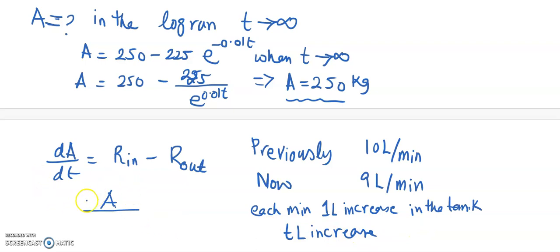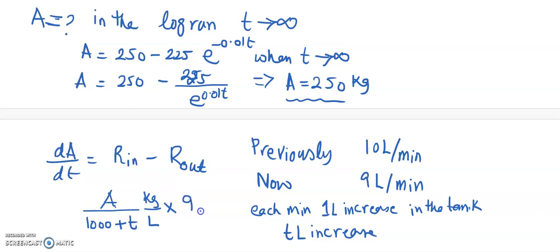Suppose the amount of salt after time T is A. Originally there was 1000 liter, then T liter were added. So this will be the concentration of salt in the tank. A is in kilogram and this is in liter. Now how many kilograms per minute are going out?